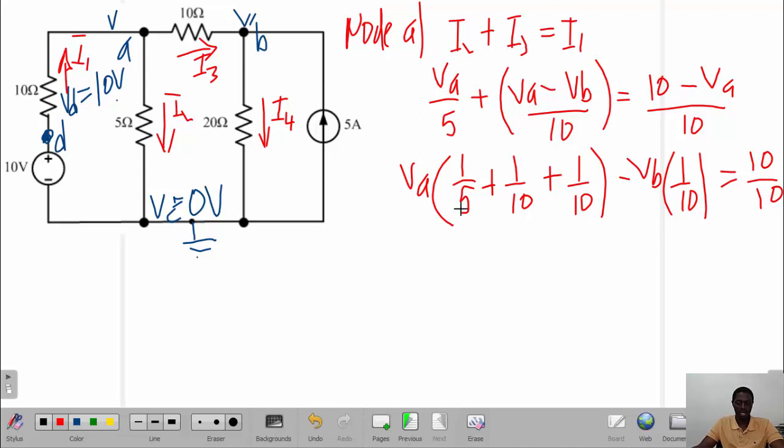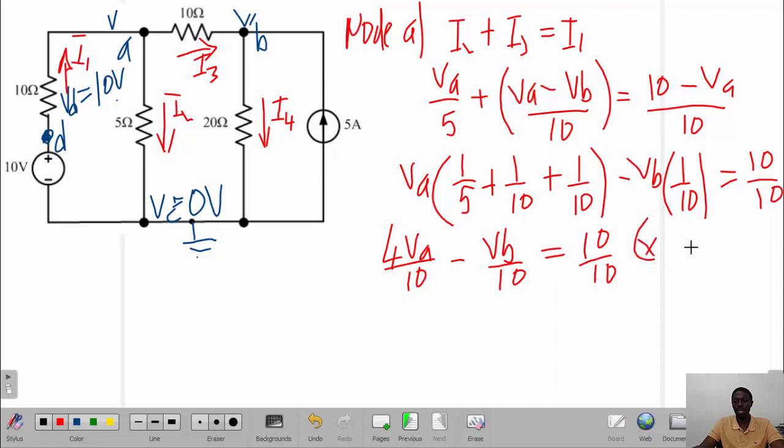When we simplify further, the common denominator is 10. We've got 2 plus 2, which is 4 VA over 10, minus VB over 10, equal to 10 over 10, which we simplify by multiplying by 10 to get 4VA minus VB equal to 10.